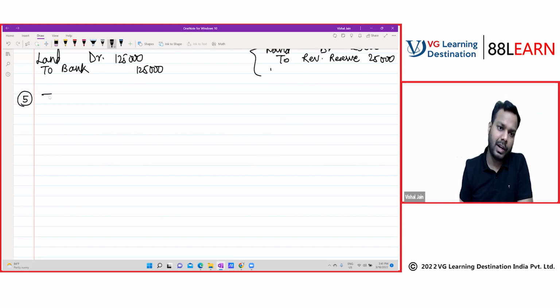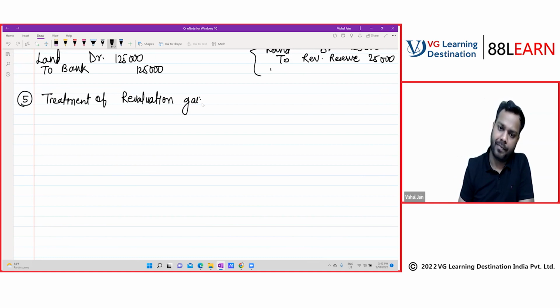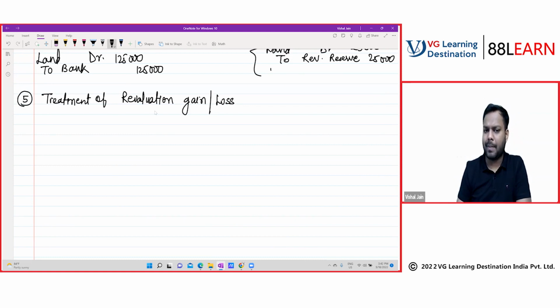That is treatment of revaluation gain or loss. So far, in the examples which you have taken, we only saw that there is a revaluation gain. But yes, Vasu, there can be a revaluation loss as well. So let's understand what is the treatment for that.